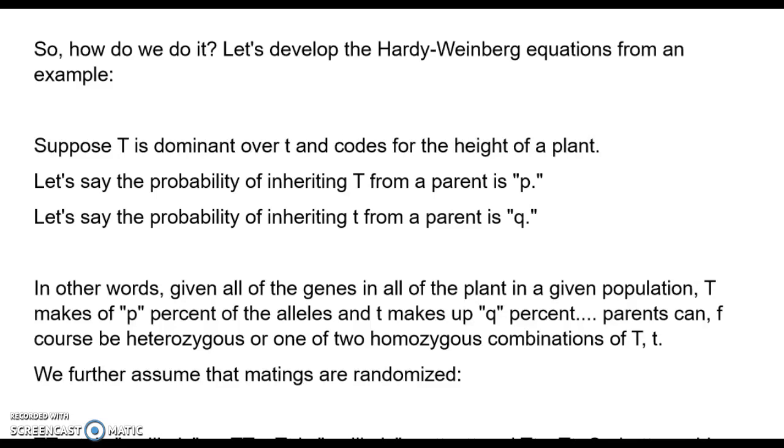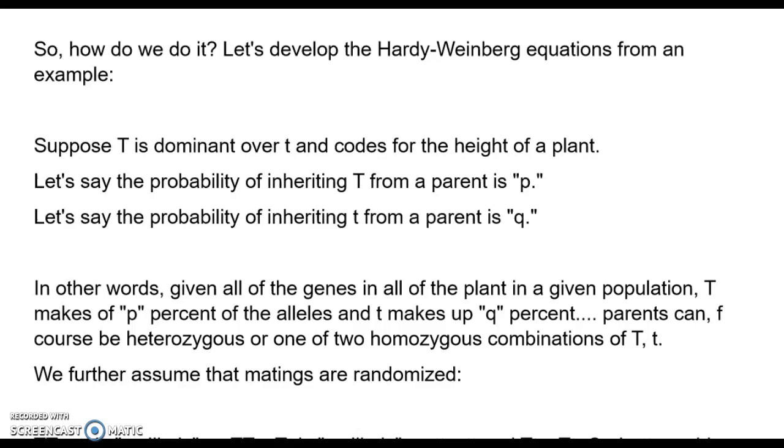So then we say that if you could lay out all the alleles for that trait for an entire population, and figure out the probability of how many big T's there were, and the probability then of inheriting a big T from a parent, we call that probability P. And then the other probability of inheriting the small t, lowercase t, is then Q, right?